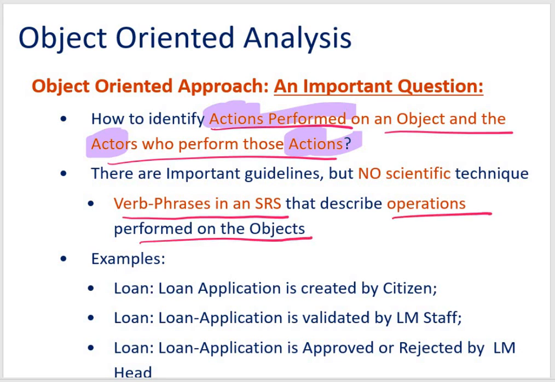So there are important guidelines once again, but no scientific technique. So the verb phrases in an SRS describe an operation performed on the objects. So all the verb phrases in an SRS are to be considered. For example, your loan application is created by Citizen.